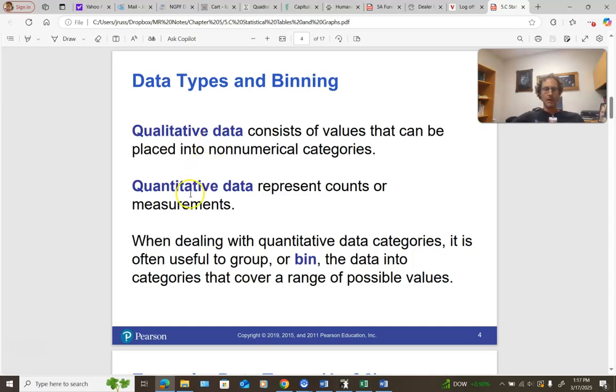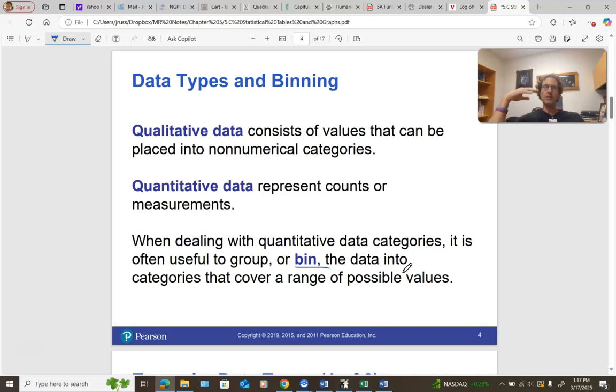Okay. All right, now when dealing with quantitative data categories, it is often useful to group or bin the data into categories that cover a range of possible values. So this is what I was talking about earlier. If the data that I'm collecting are percentages on the last test, then I can bin my data.